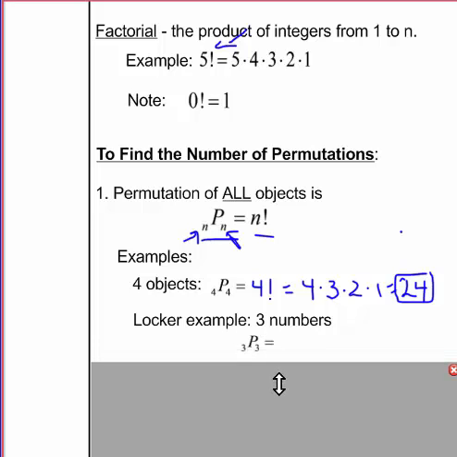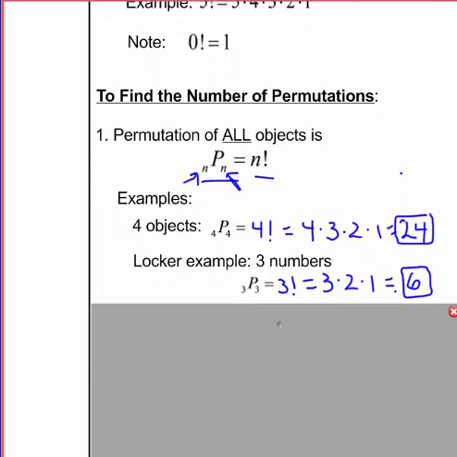So if we are taking all 3 numbers and rearranging them to try to figure out what the correct combination is, given 3 numbers, that would be 3 factorial. And to find 3 factorial, you go 3 times 2 times 1. Multiply those together. 3 times 2 times 1 is 6. So there are 6 different ways that we can rearrange those 3 numbers to find the correct locker code.